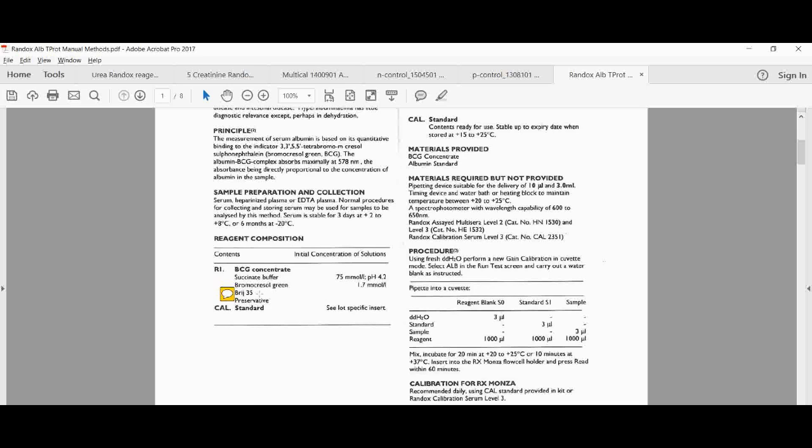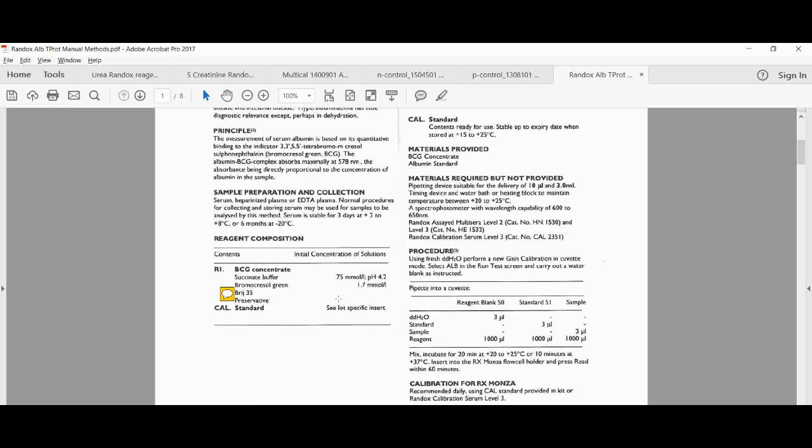And likewise with Brij 35, they don't say what volume they put in, and they don't say the concentration, but usually this Brij 35 is about a 30% solution.